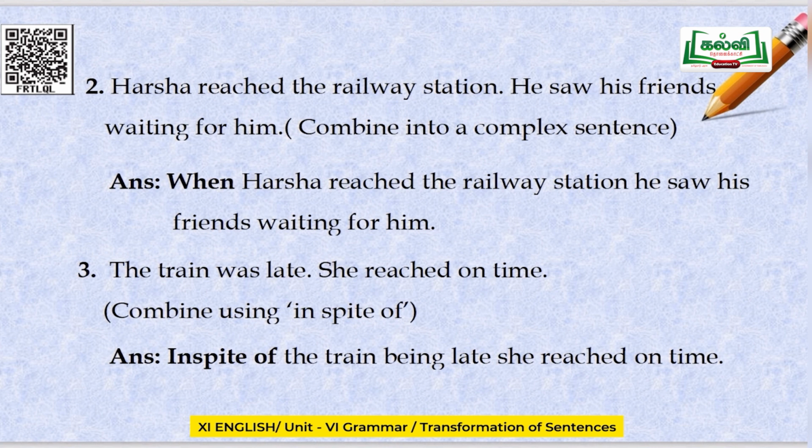After in spite of, you'll have a noun phrase, right? So, in spite of the train, you should not have the finite verb. So, in the place of finite verb, you're going to put ing. Here you got be verb, so you're going to put being. Now, in spite of the train being late, she reached on time.